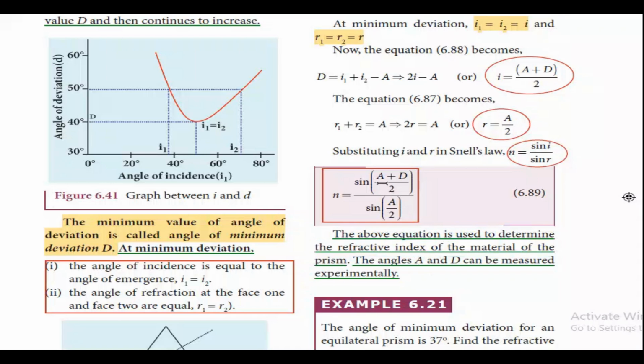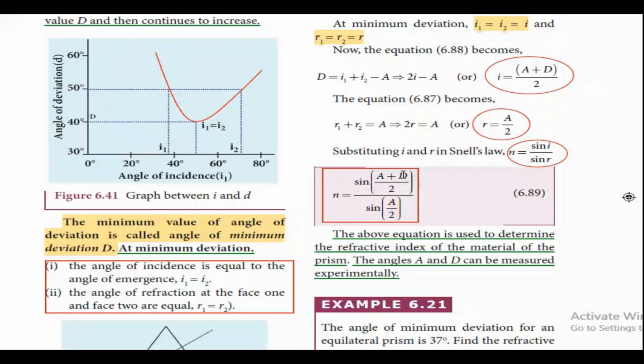The angles A and D can be measured experimentally. Usually, if you are using an equilateral prism, you need not measure the angle A, you can directly substitute 60 degrees, and we should only find the angle of minimum deviation, which will be about 40 degrees here in this graph.